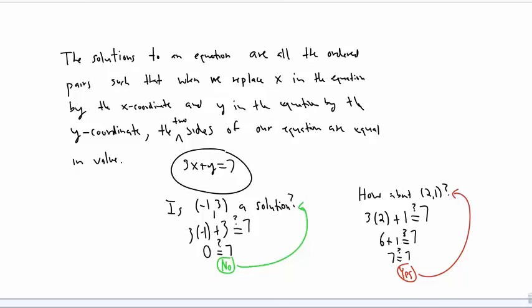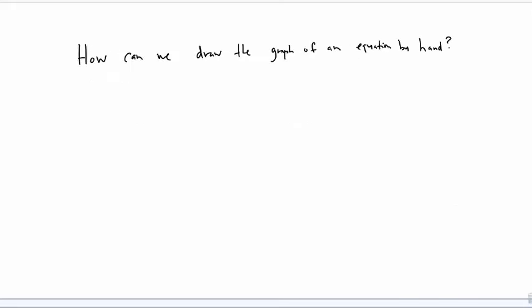That wouldn't make sense because we could never exhaust all possible ordered pairs. So we need to come up with an efficient way to express all solutions. Specifically, how can we draw the graph of an equation by hand?